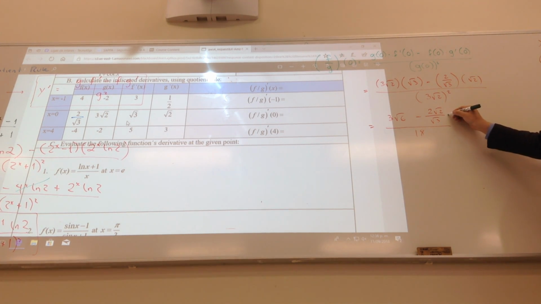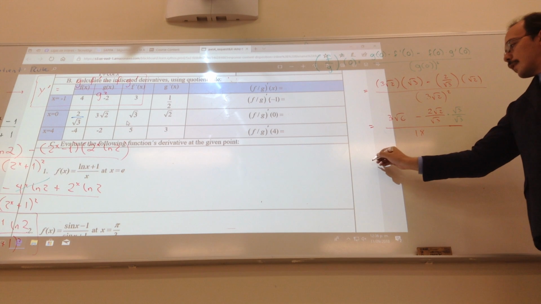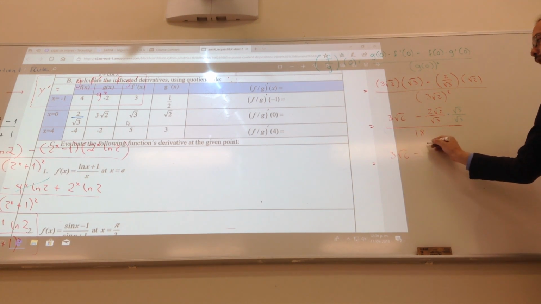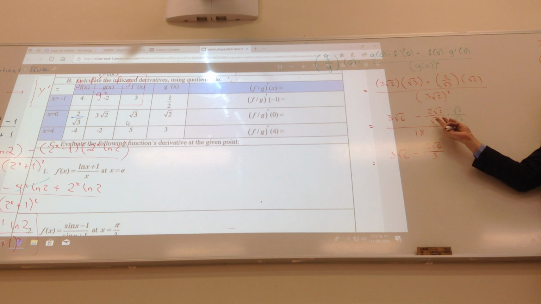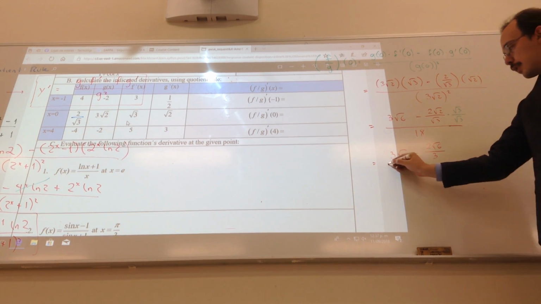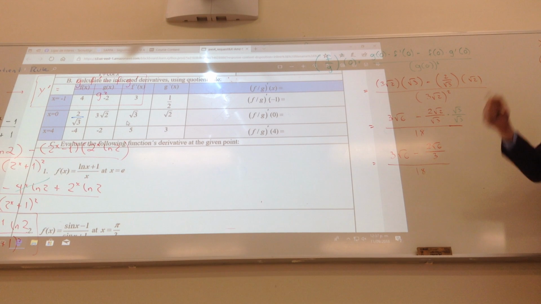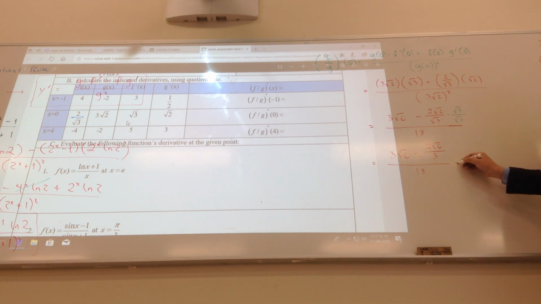But I'm going to rationalize. 3 square root of 6 minus 2 square root of 6 over 3. Remember, I need to rationalize because I cannot leave square root in the denominator. Over 18. Is that my answer? No. Very good.